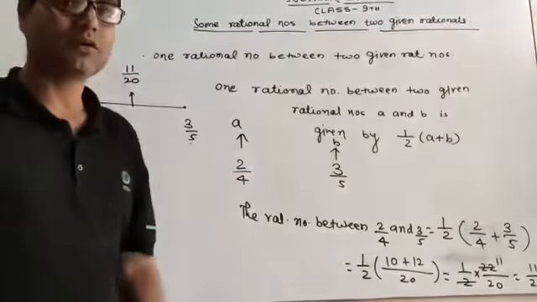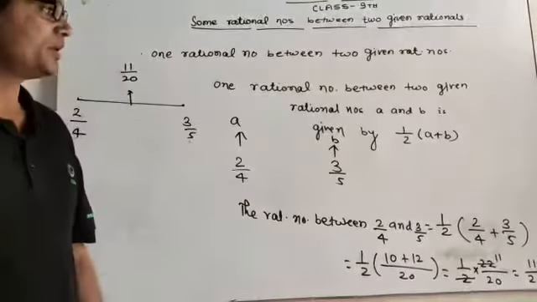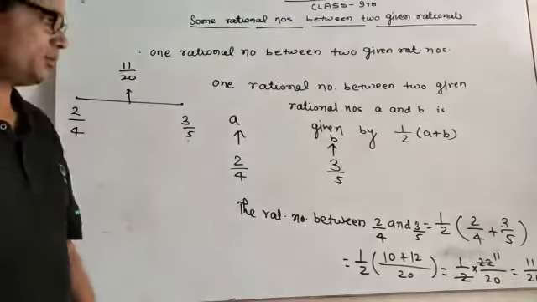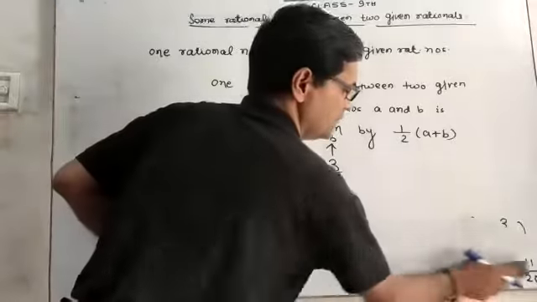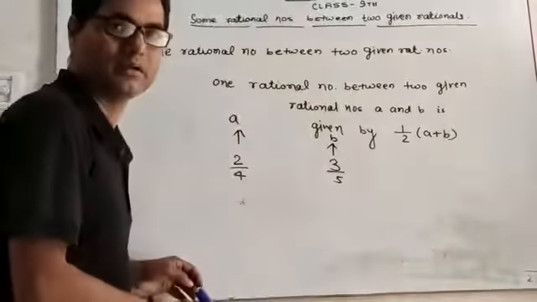Hence, we can calculate a rational number between two given rational numbers. Okay?